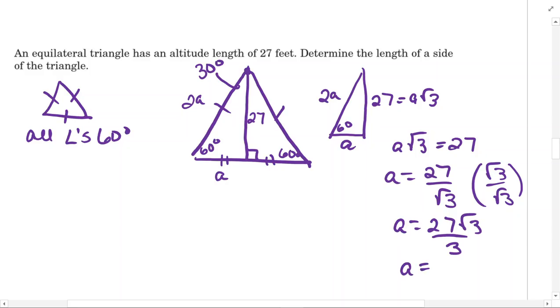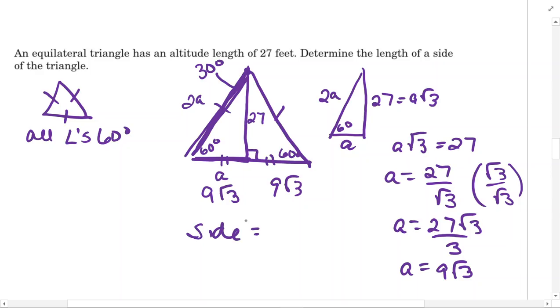So A would equal 27 divided by 3 is 9, 9 rad 3. So this portion right here is 9 rad 3, which is half the length of a side. We know our sides would be this whole length, which is 2A. So the side is 2 times 9 rad 3, which is 18 rad 3.